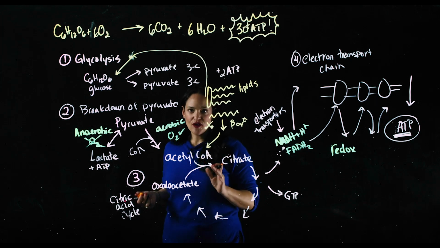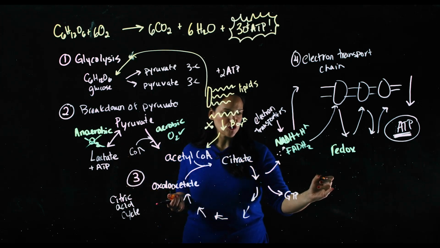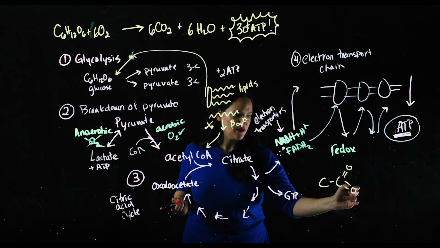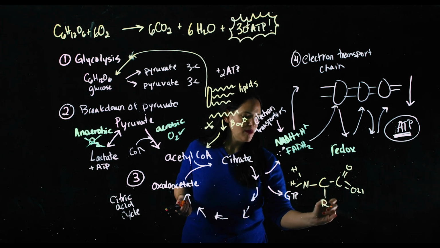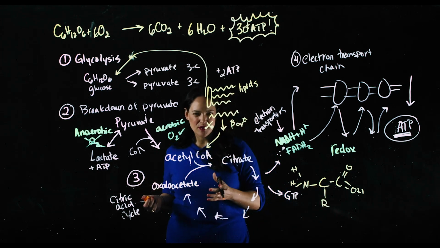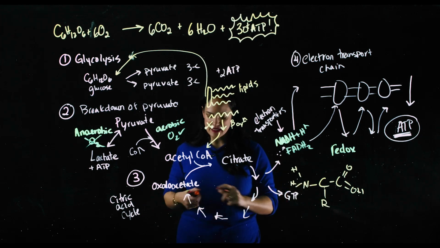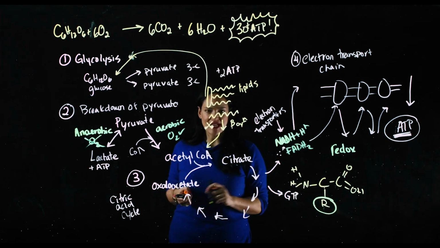Okay? As far as proteins go, you'll recall that the basic structure of a protein is something called an amino acid. Okay, so here's my amino acid. You'll learn about amino acids, that there's 20 different amino acids, and what makes each amino acid different is what its side chain looks like.